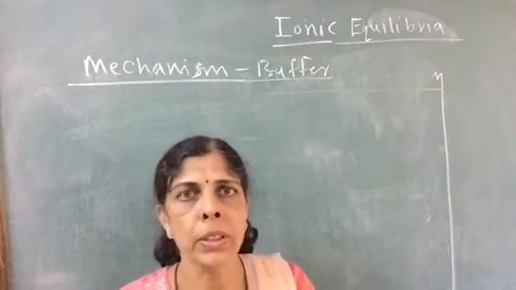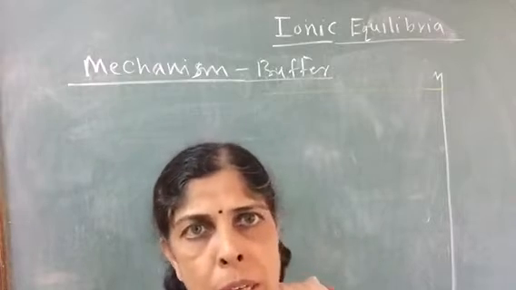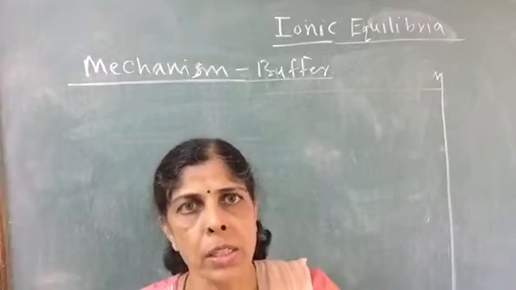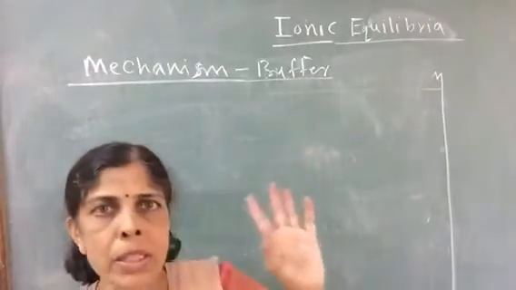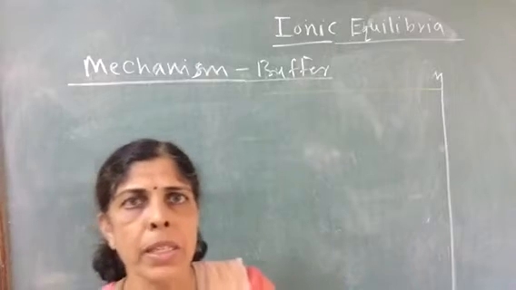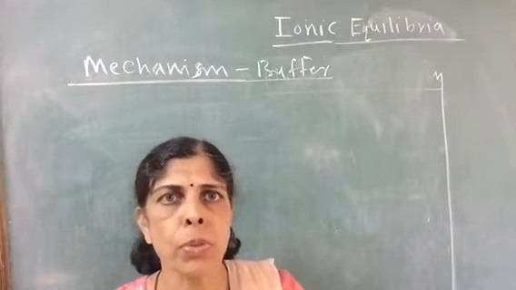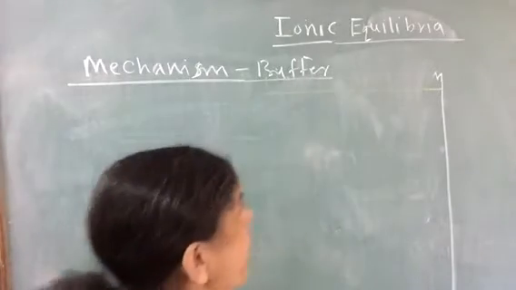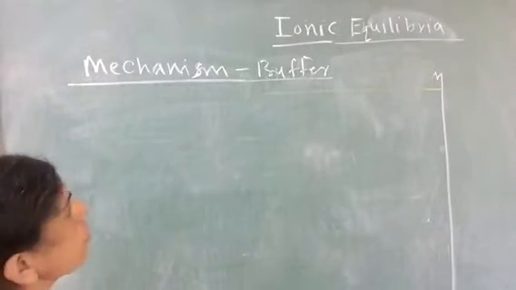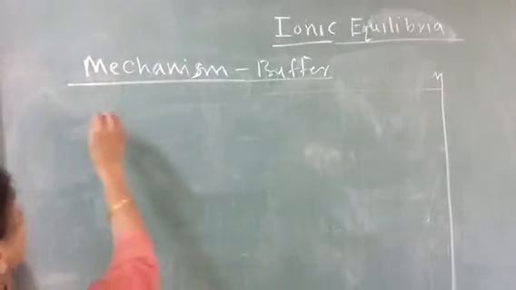What will happen to the H+ ions if we are adding strong acid, where they are utilized, so that the pH will remain the same. Where OH- ions are utilized after adding base, so that the pH of the solution will remain the same. That comes under mechanism. First of all, we are going to discuss mechanism of acidic buffer.